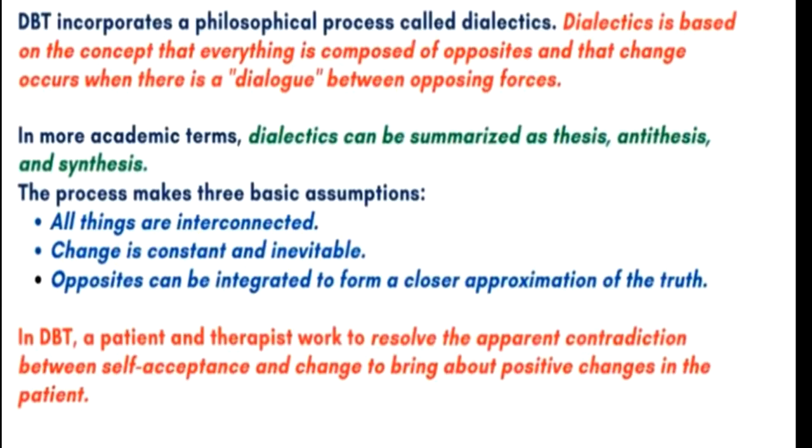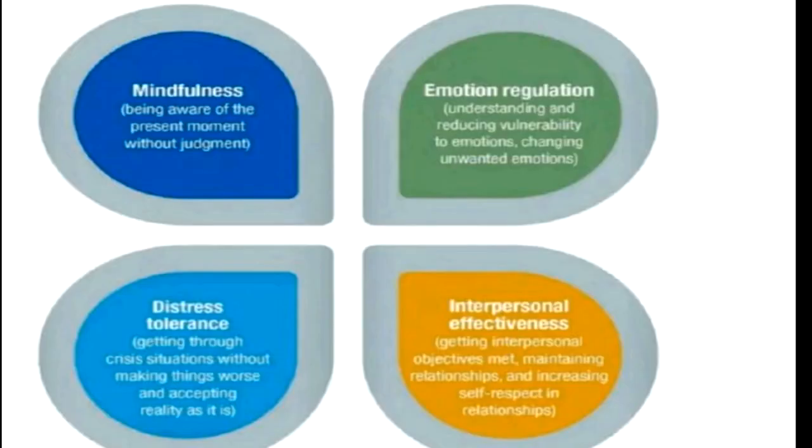So DBT teaches individuals how to tolerate emotional pain and build healthy interpersonal relationships. In this slide, I summarize the whole DBT program. It starts with mindfulness, being aware of the present moment and non-judgmental to your thoughts and emotions.